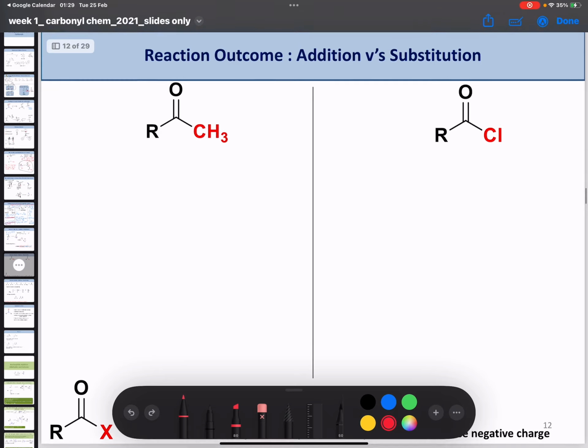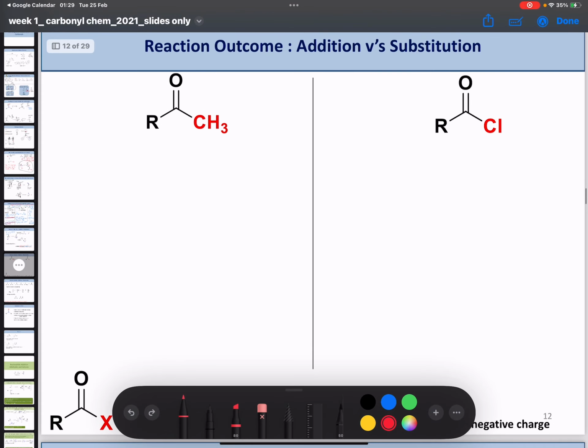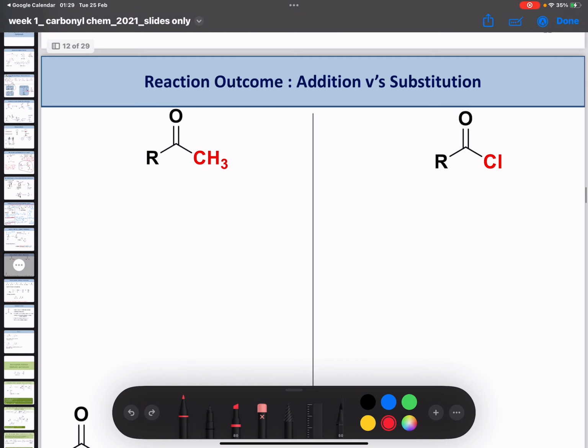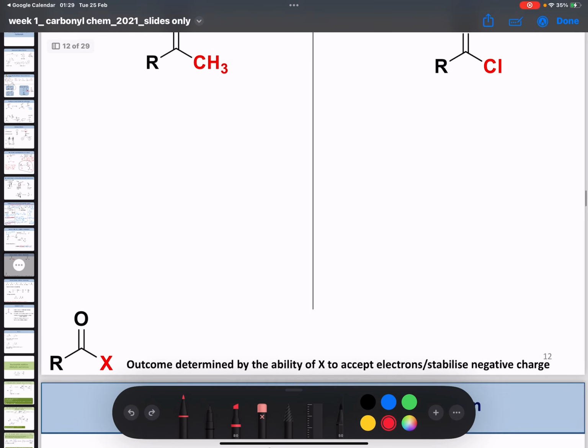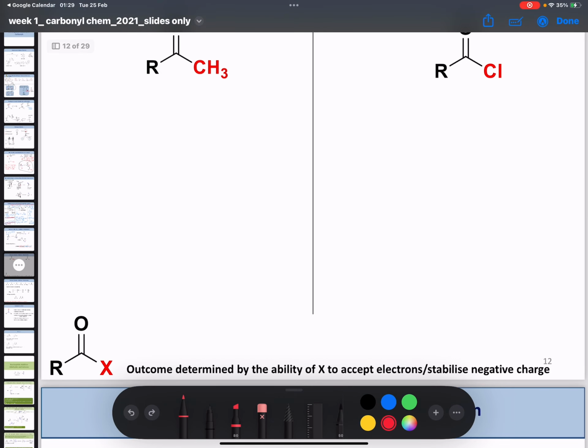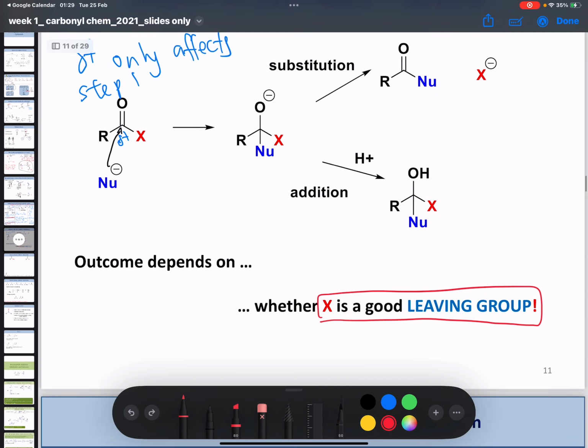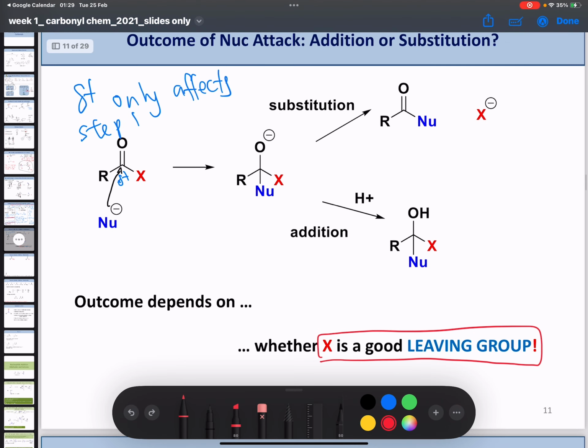Okay, so if your leaving group is methyl, right? See, the ability of X to accept the electrons or stabilize the negative charge, right? So you want this to be a stable negative species. So how do you do that?